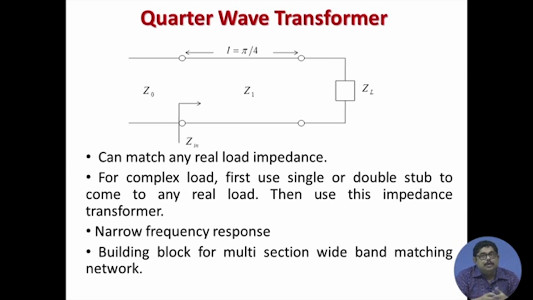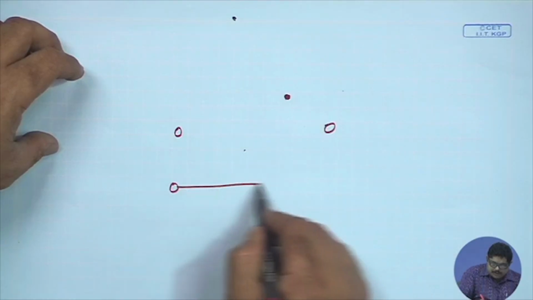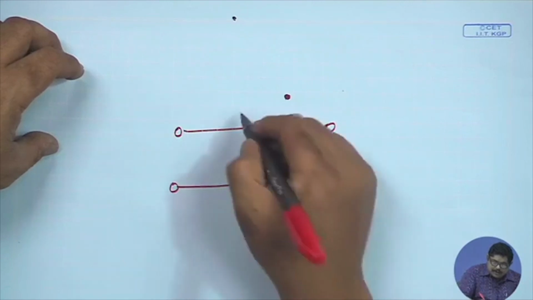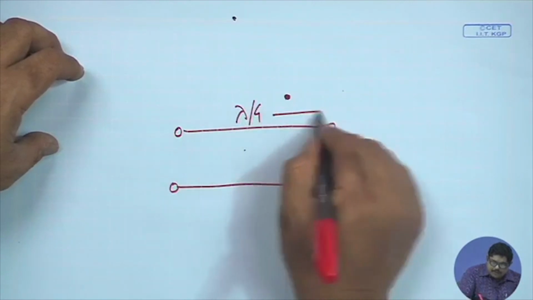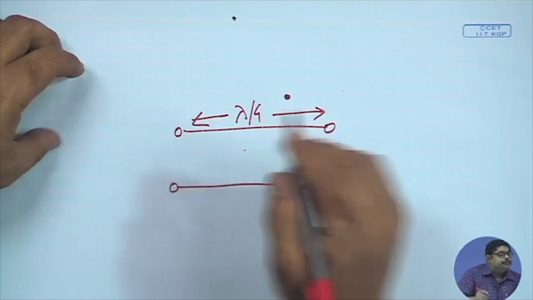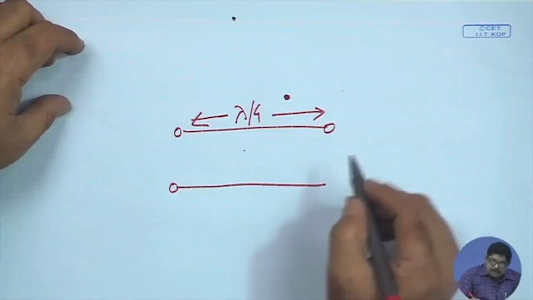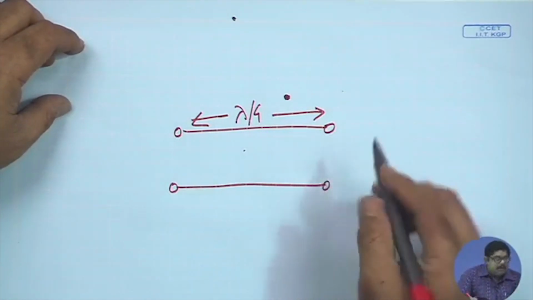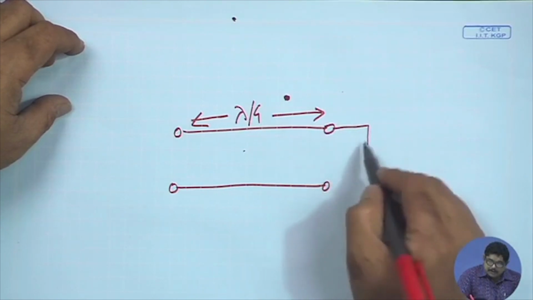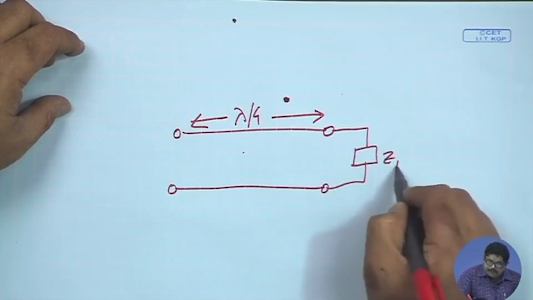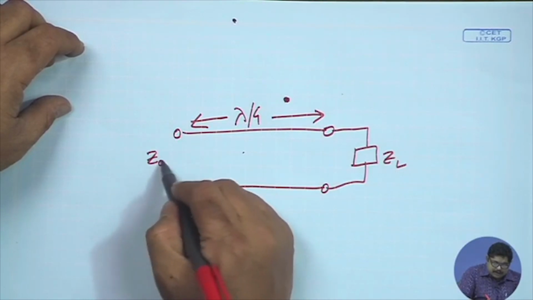Quarter wave means the length is lambda by 4, not pi by 4. So, you have a transmission line like this and this length is lambda by 4, and it matches a load impedance ZL to the characteristic impedance on this side.